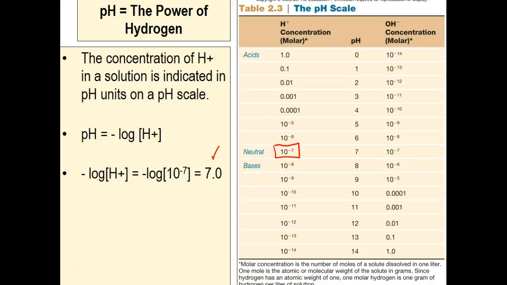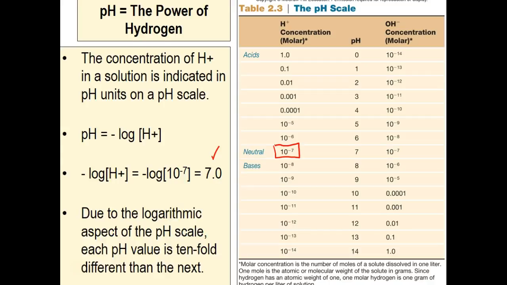And you should realize that since the pH scale is based on powers of 10, each pH value on the scale is 10-fold different than the next. So pH 5 is 10 times more acid than pH 6. pH 5 is 100 times more acid than pH 7.